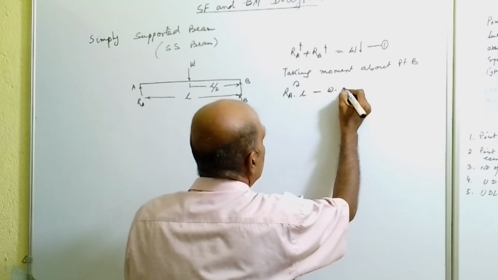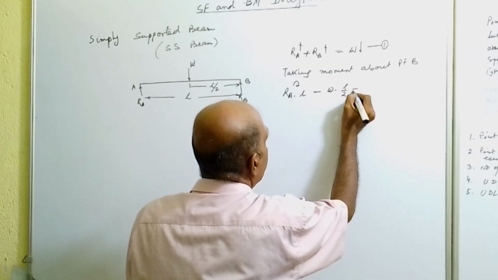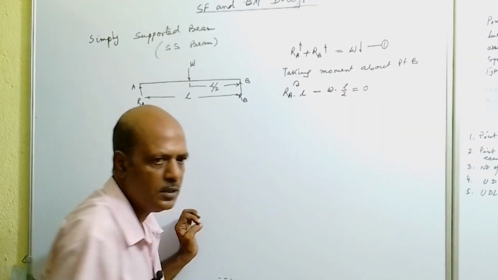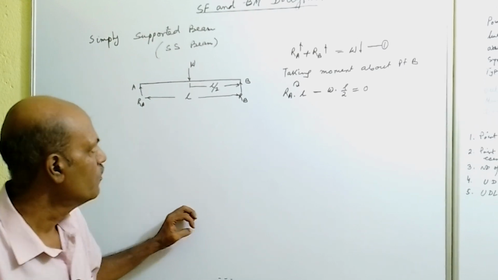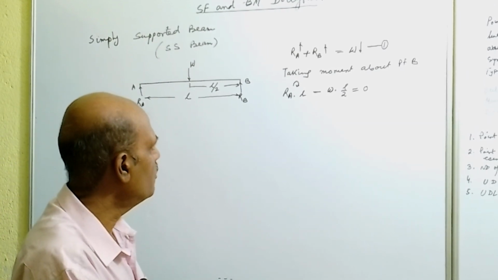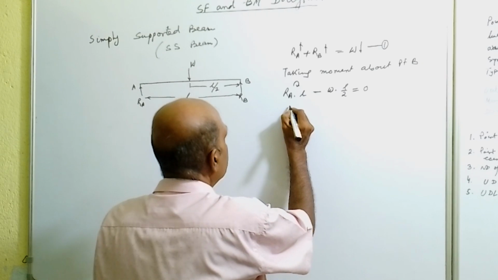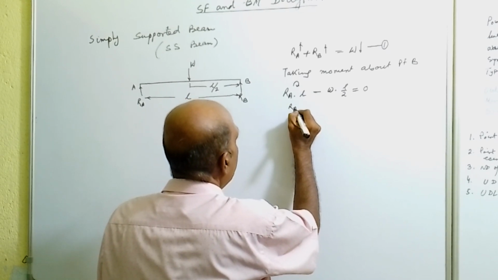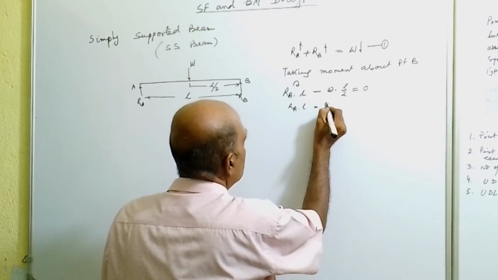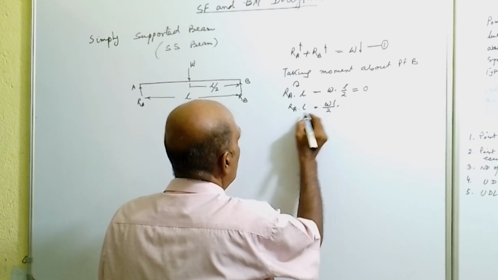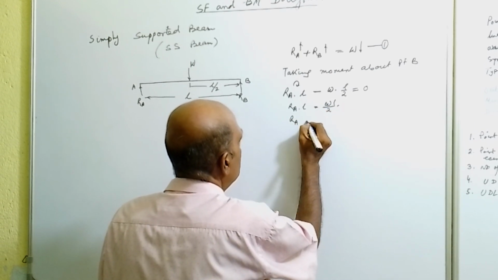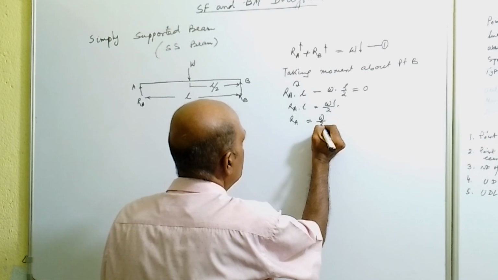This is equated to 0 because the beam is in equilibrium. So RA into L minus W into L by 2 is equal to 0, which gives RA into L equal to WL by 2, or RA is equal to W by 2.